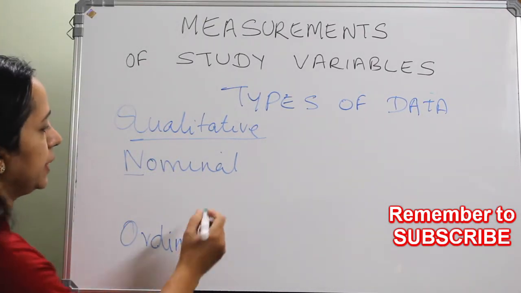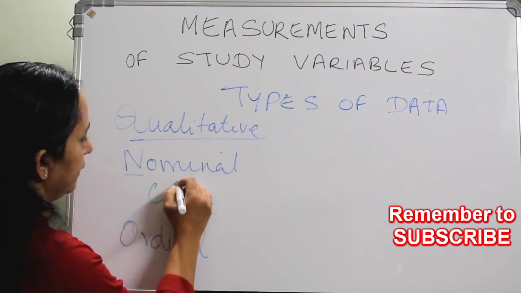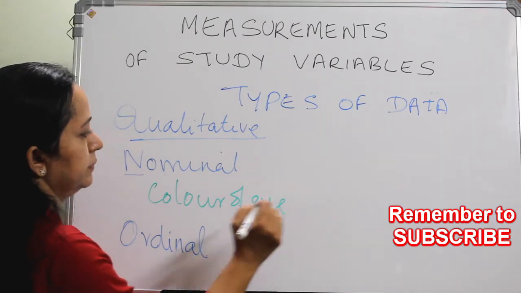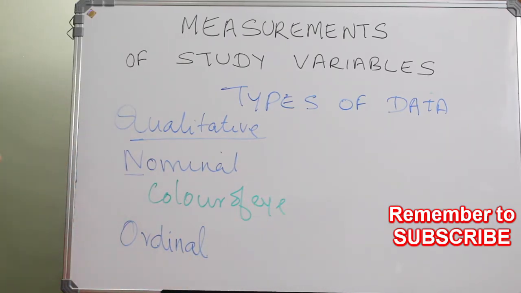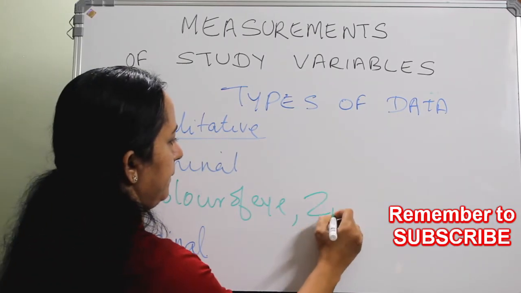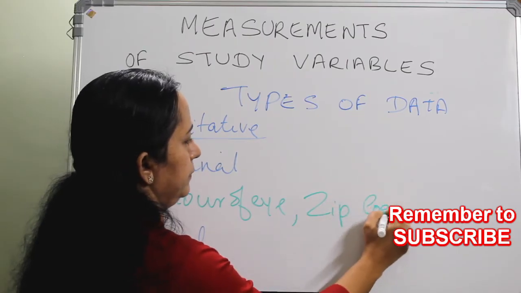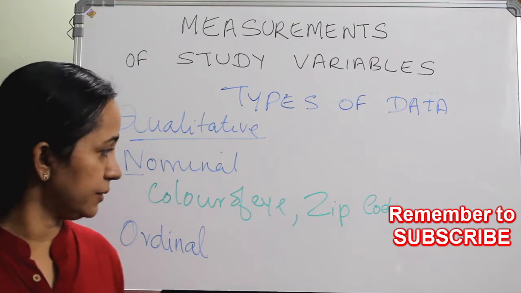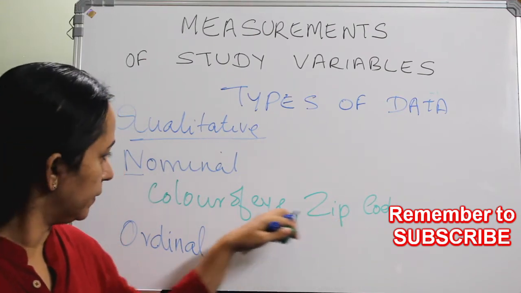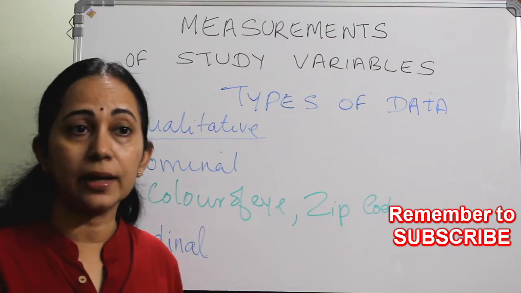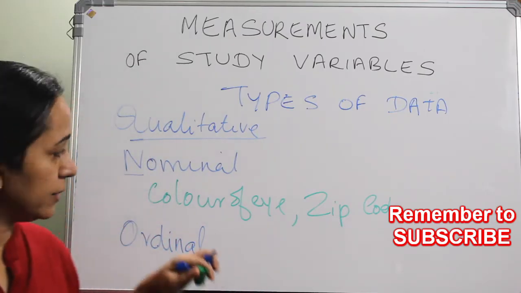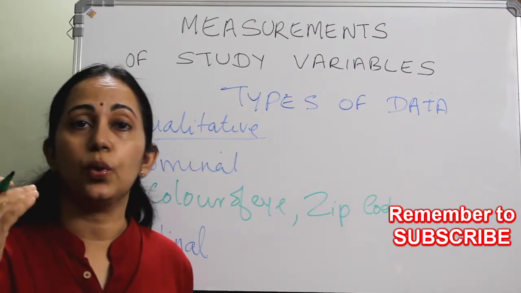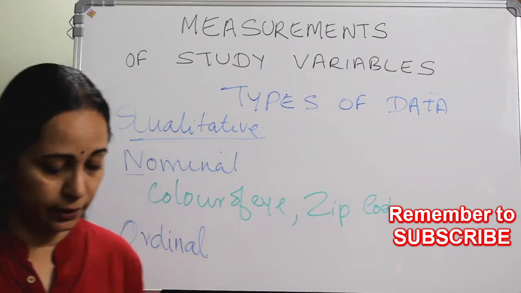Okay, so named data, how will you give an example? Color of eye, or the zip code. All these are nominal data. They are named data. Zip code has a name. Color of eye can be black, yellow, like that. There is a named data, but it has no natural order or ranking.